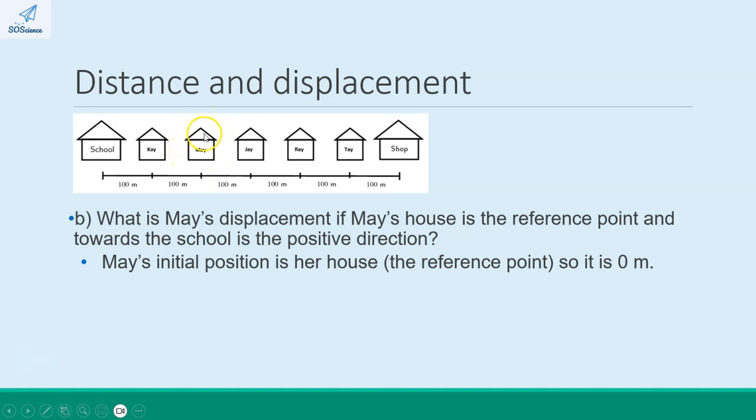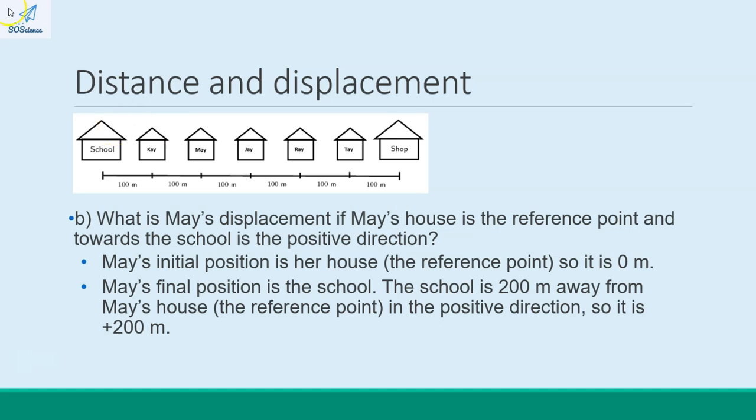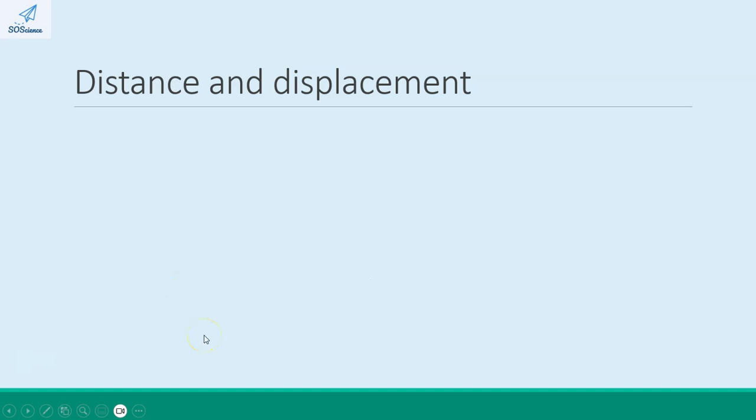That means that the value here for xi is going to be 0. May's final position is the school. Now, remember that May's house is the reference point and towards the school is the positive direction. So that means that the school is 200 meters from May's house in the positive direction. So that is the final position.